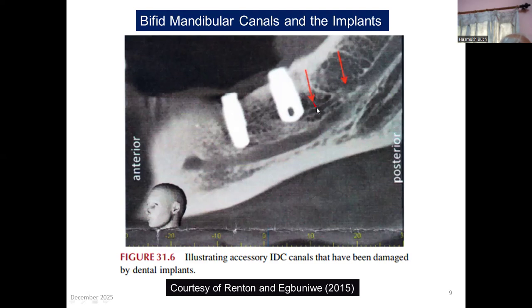And one has to go for a shorter implant in such cases, or one has to go for another kind of treatment, because the neurovascular bundle of the accessory canal should be protected thoroughly, and implants should not violate or touch that. Very important.